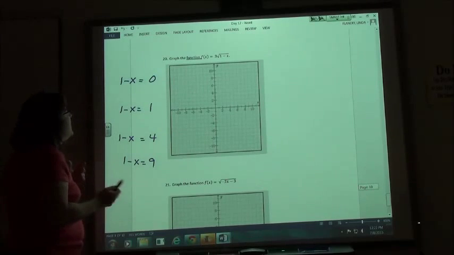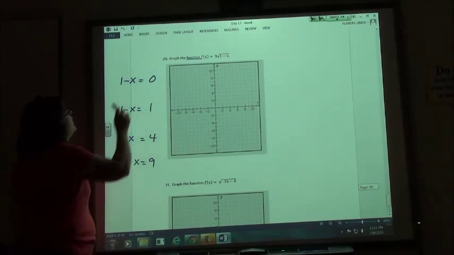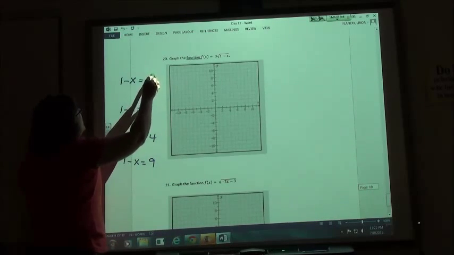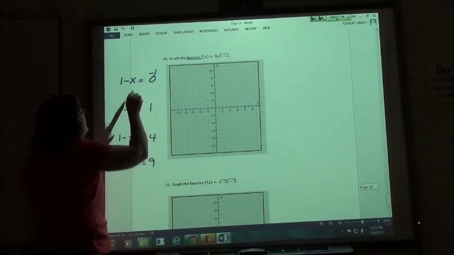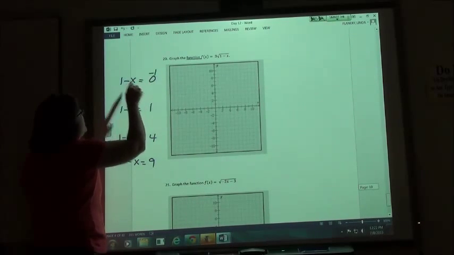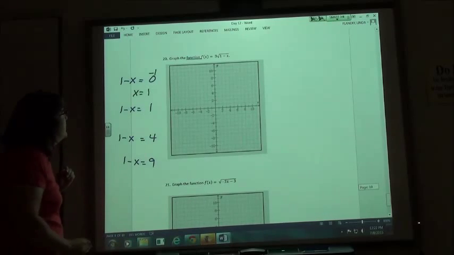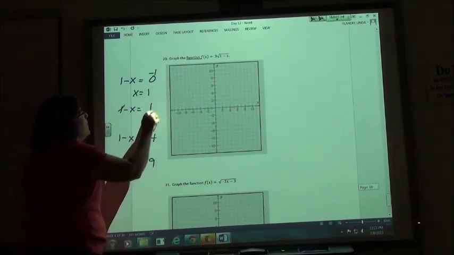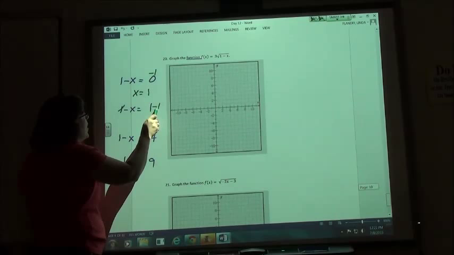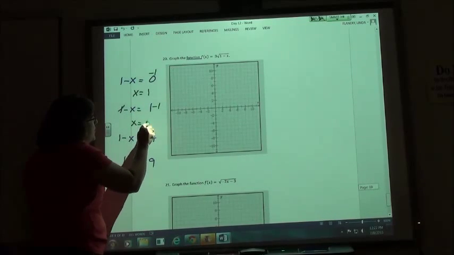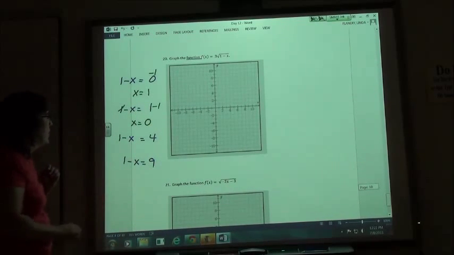I'm going to solve these, and so I'm going to solve this one. I'm just going to minus my 1 and divide by -1. So a negative divided by a negative makes it a positive 1. Here, I'm going to minus my 1, which is 0, and 0 divided by -1 is still 0.